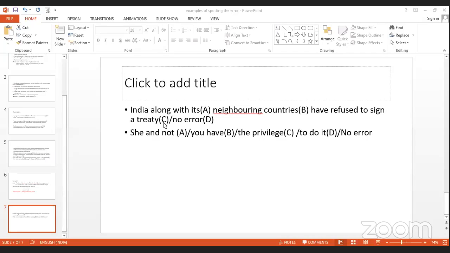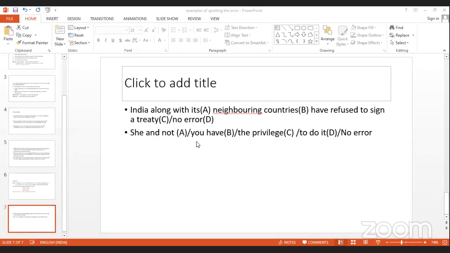So whenever we have along with, and not, besides, as well as, rather than, all these are conjunctions. What is the rule for conjunctions? Whenever the subject part is connected with a noun or a pronoun, you always go back to the first subject. Over here, there are two subjects, she and you.